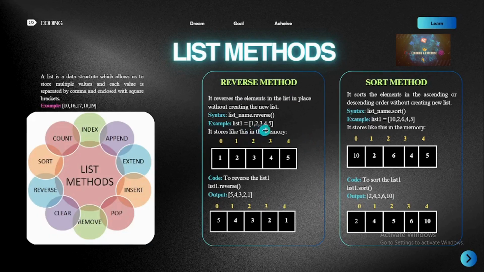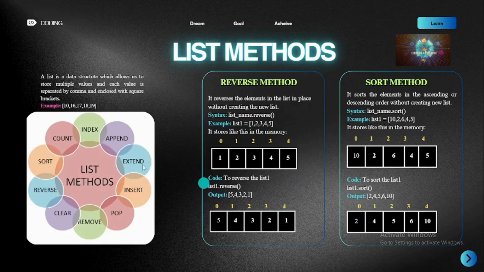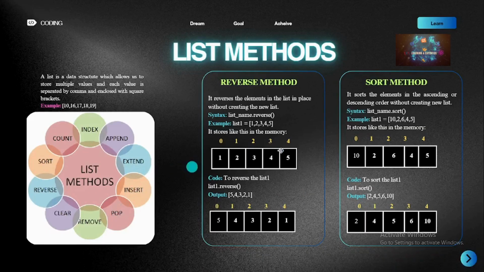Here you can see 1 2 3 4 5 as a list, and these values are reversed with the help of the reverse function in Python, where at the 0th index we have 5, at the 1st index 4, at the 2nd index 3, at the 3rd index 2, and at the 4th index 1. Whatever method we use, like index, append, extend, pop and so on, the list will be modified in Python.